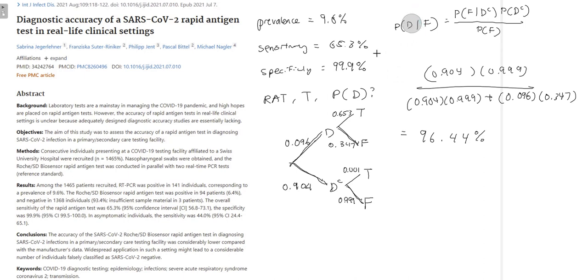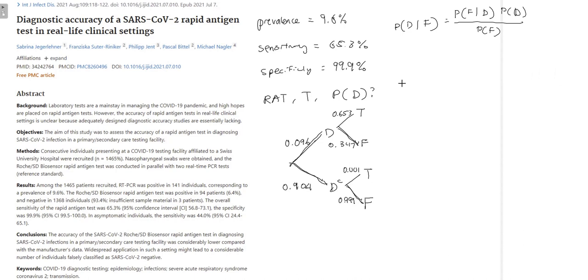The probability that you have the disease, even if you have a false: 0.096 times 0.347 over 0.096 times 0.347 plus 0.904 times 0.999.